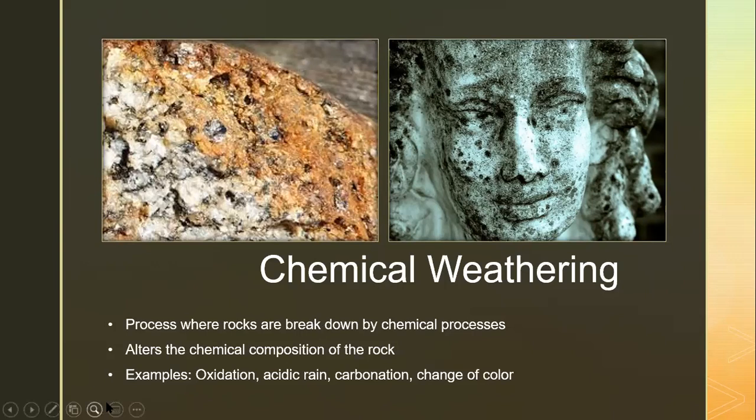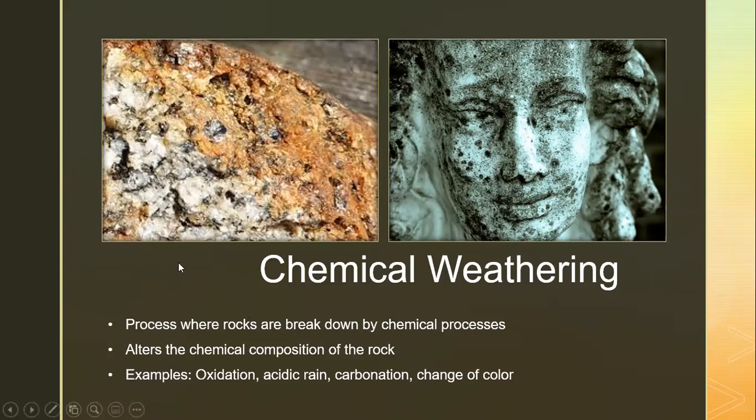And the most common thing you'll see in a chemically weathered rock is a color change. Usually a color change from the source rock, or sometimes, like in this picture to the left, you can even see the color change within the rock. It's pretty straightforward.